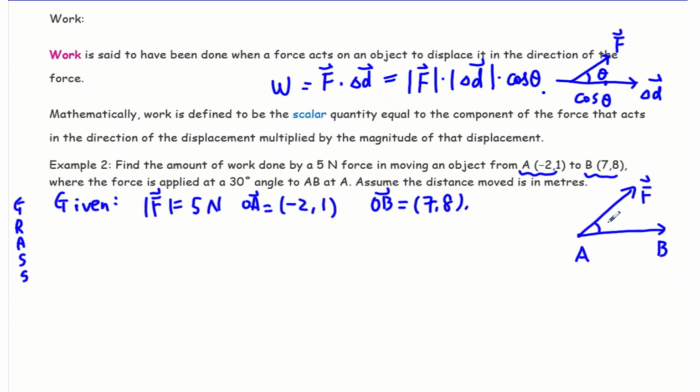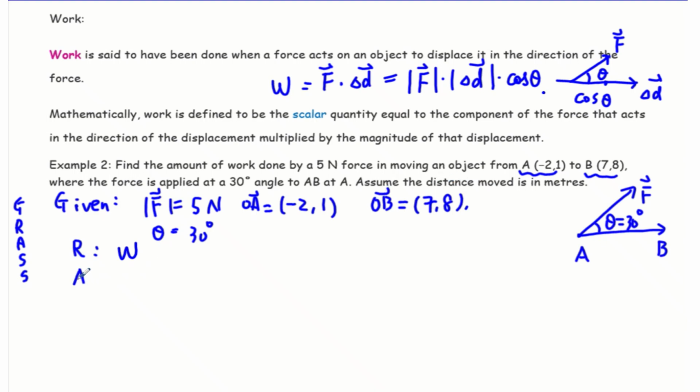The angle formed at point A is 30 degrees. And what is required is to find the amount of work, and the unit is meters for distance.